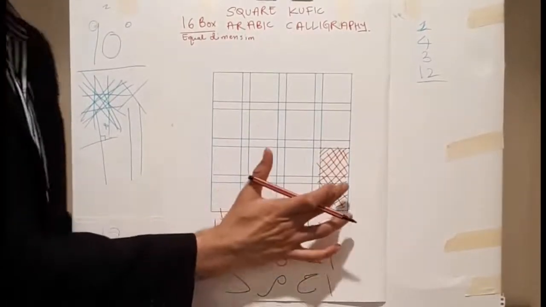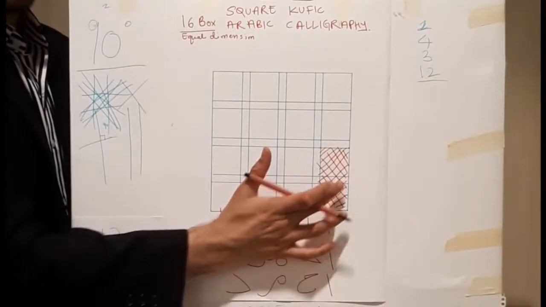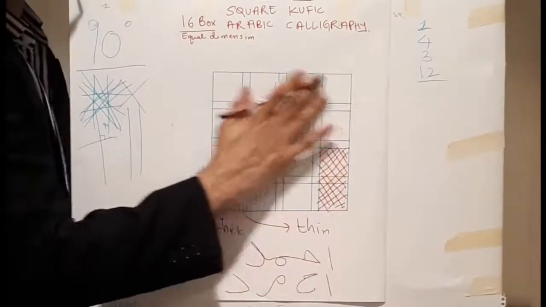So this is your alif and your ha starts from, you have this space to cover.